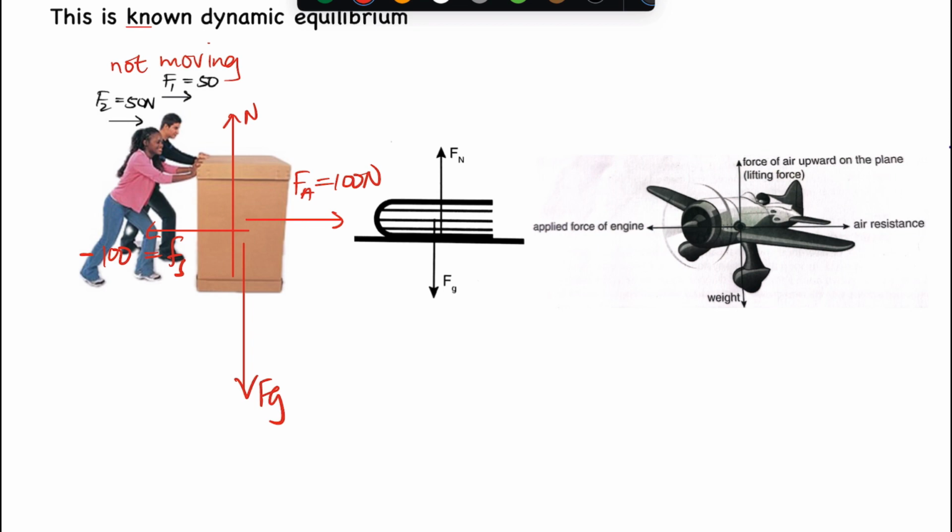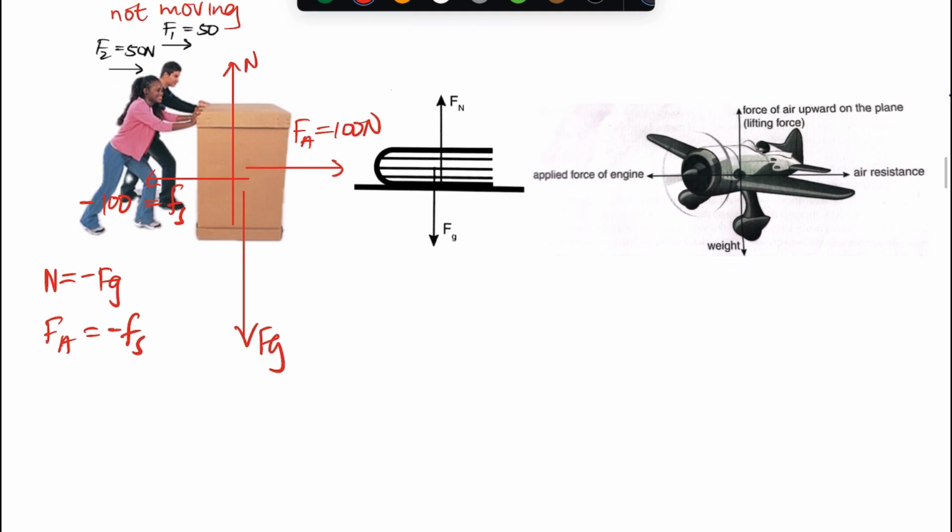Whatever the normal force is, it's equal to the gravitational force. So the forces are balanced, they cancel each other, and the net force is 0. The normal force is equal to the gravitational force, and the force applied is equal to the static frictional force.